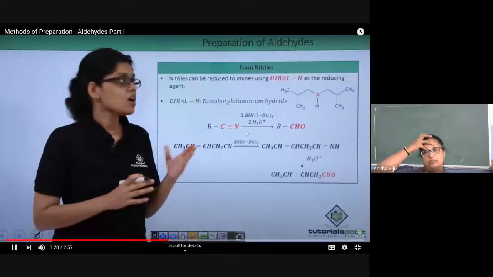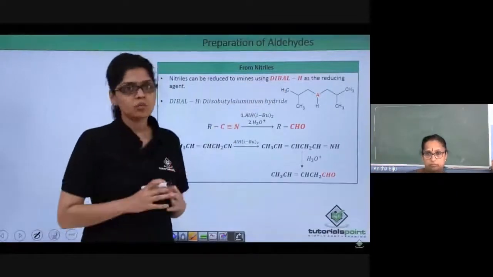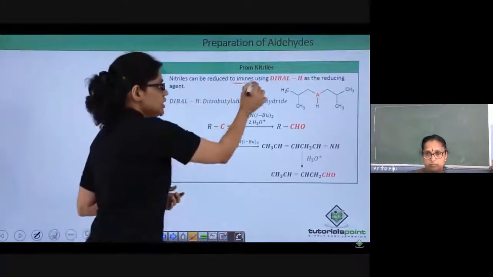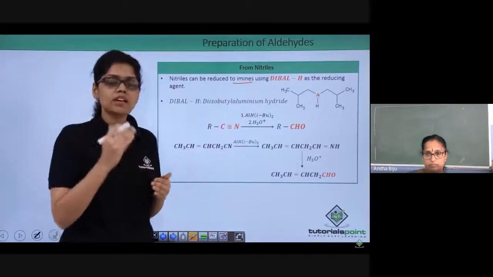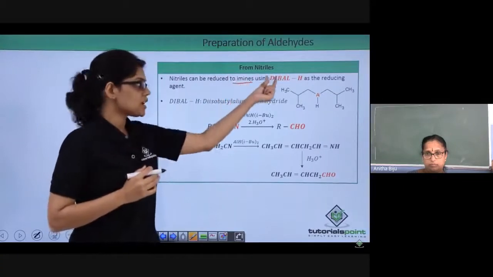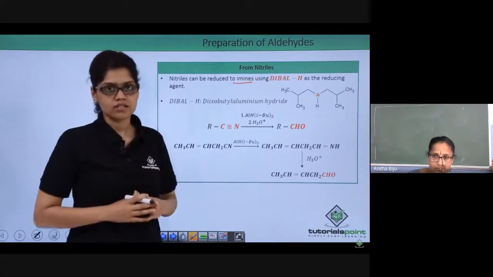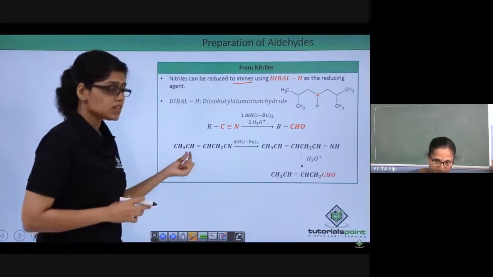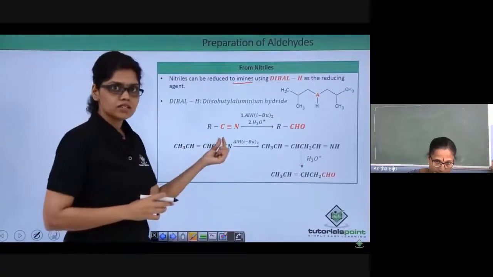Or called DIBAL-H. This is a very common reducing agent and it reduces nitriles to imines. So you can again obtain aldehydes from nitriles by reducing them to imines using DIBAL-H followed by hydrolysis. Let's look at the example here. Here we have CH3CH=CHCH2CN.